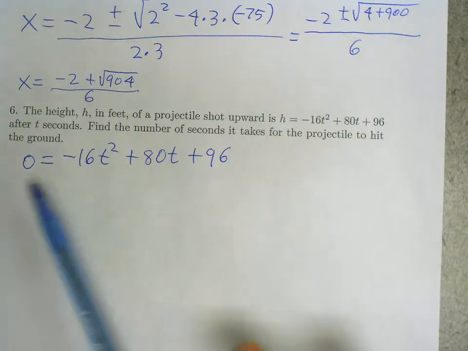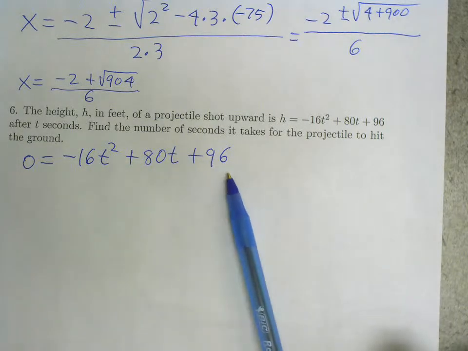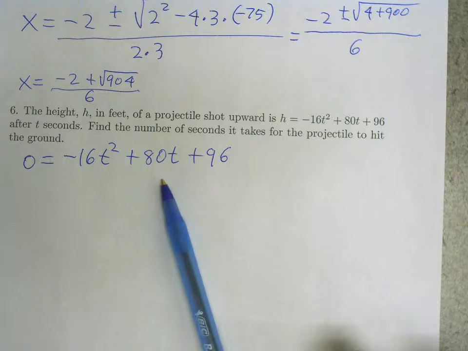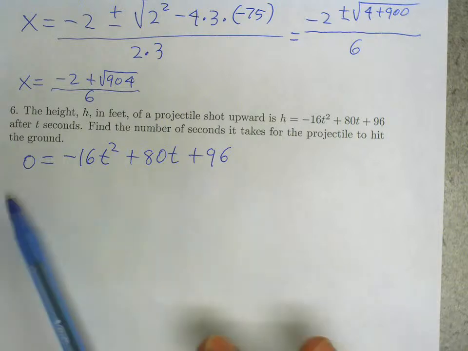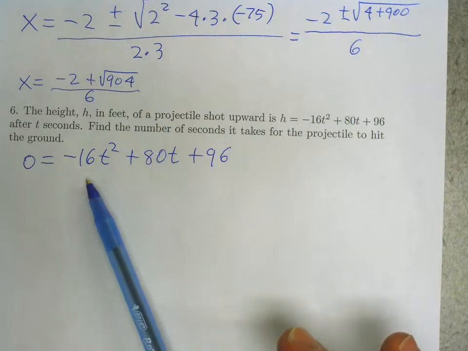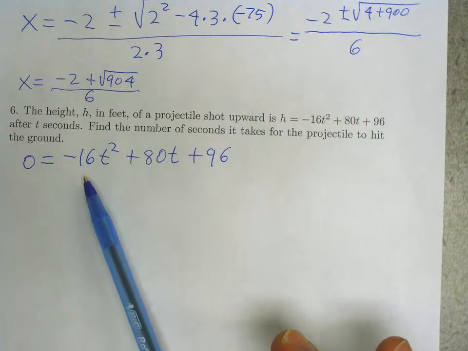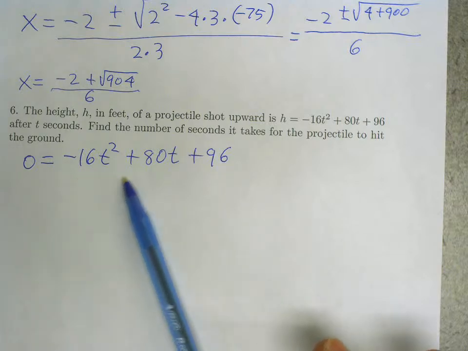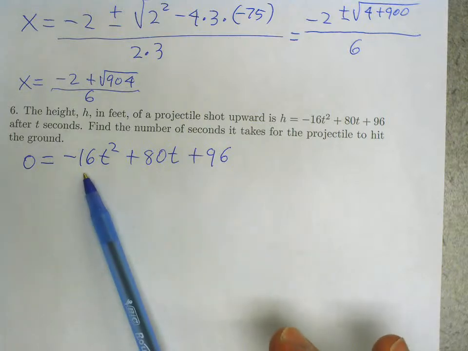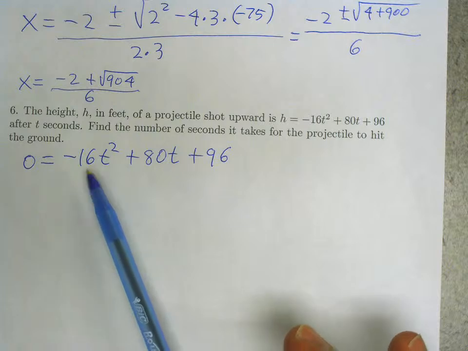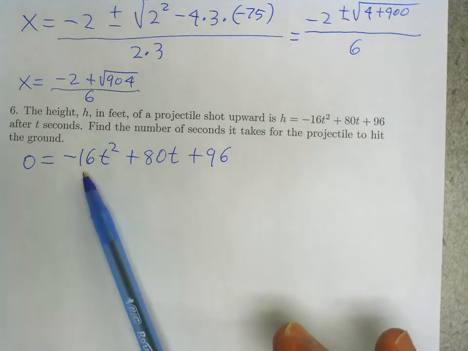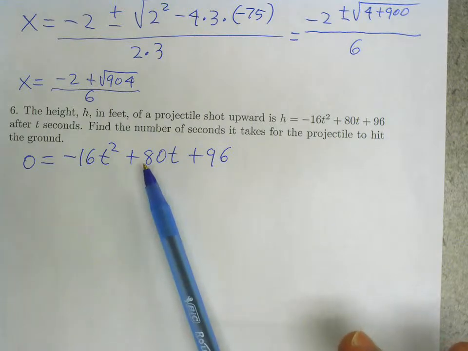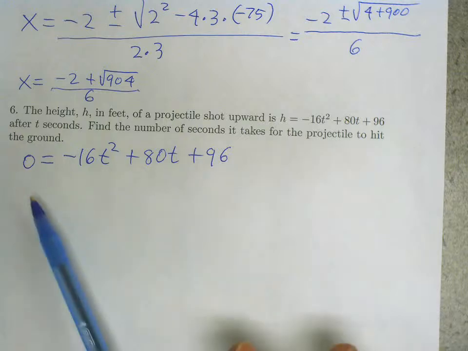But I'll show you something to always try to keep in mind when solving quadratic equations. We can get rid of a bunch of the clutter that's in the way because 16 is a common factor of negative 16, 80, and 96.